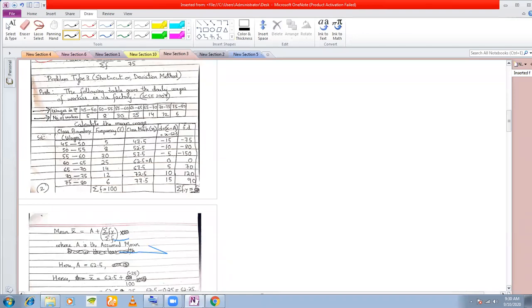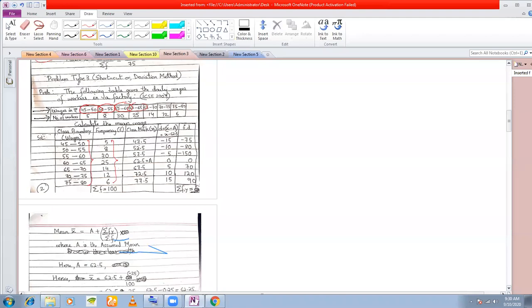So what you do is you dedicate the first column of this table to your class intervals or class boundaries. Here they are overlapping: 45 to 50, 50 to 55, all are overlapping. So you make your first column only for your class boundaries. The next column obviously will be for your frequencies.